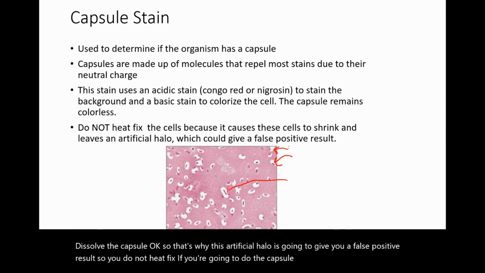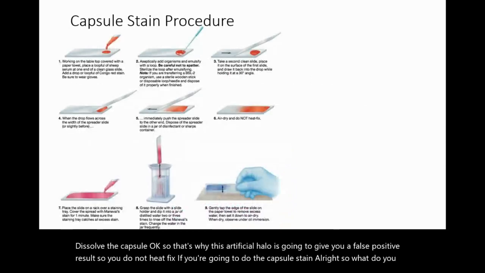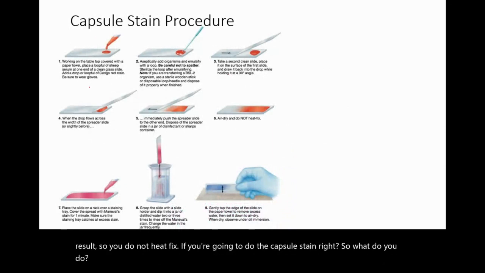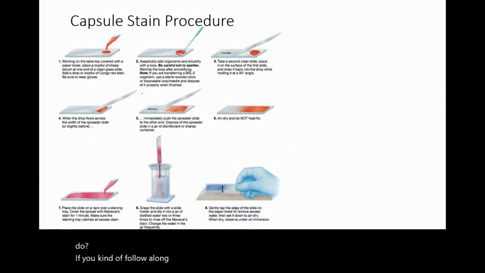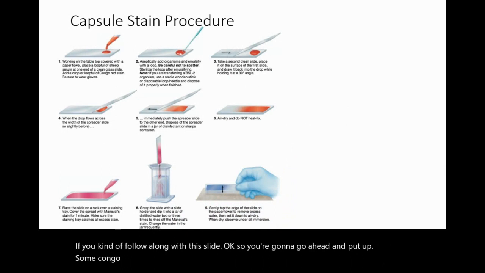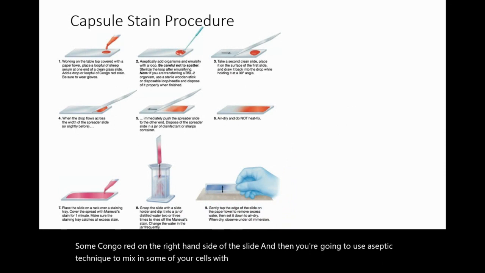All right, so what do you do? If you follow along with this slide, you're going to put some Congo red on the right-hand side of a slide. And then you're going to use aseptic technique to mix in some of your cells with that Congo red.